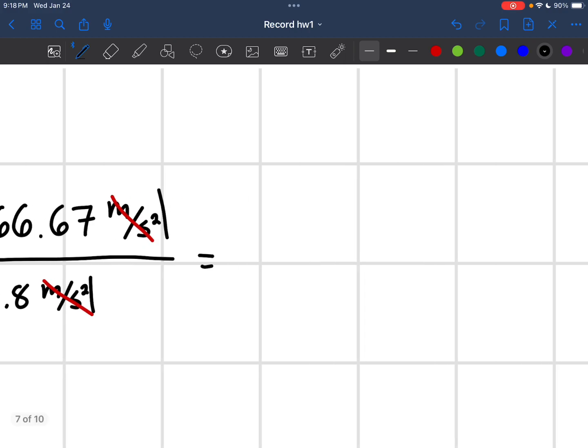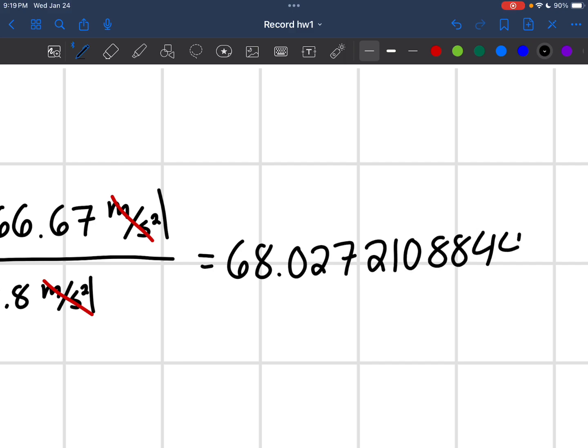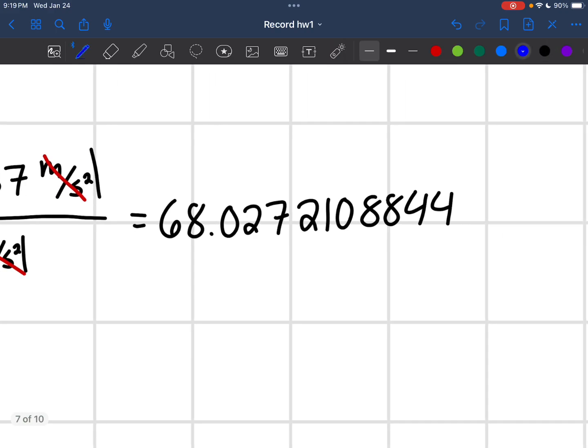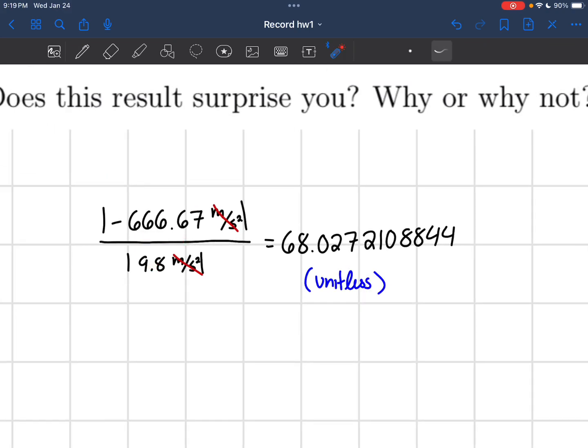And my number is going to end up being 68.0272108844. Because all of my units canceled, this number is unitless, which we see sometimes when we have a ratio between two things.